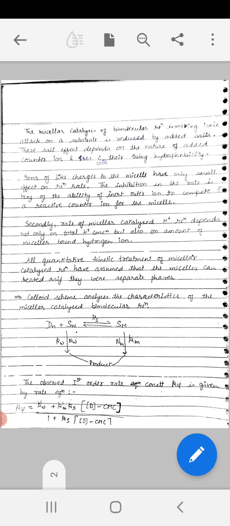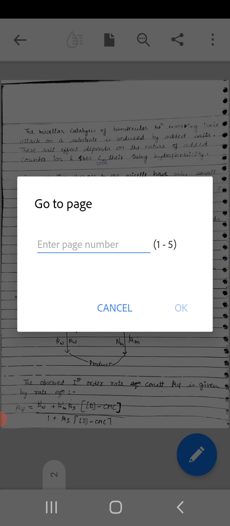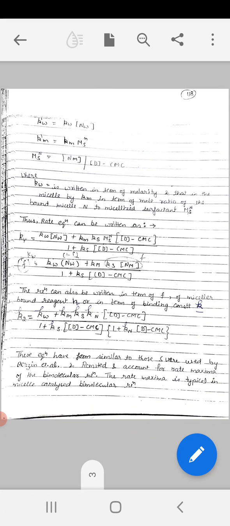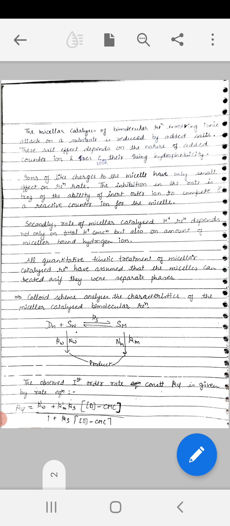The observed first order rate constant K psi is given by the rate equation K psi equals K'W plus K'M Ks (D minus CMC) upon 1 plus Ks (D minus CMC), where K'W is equal to KW NW, K'M is equal to KM MSN, and MSN is equal to NM divided by the concentration of (D minus CMC).